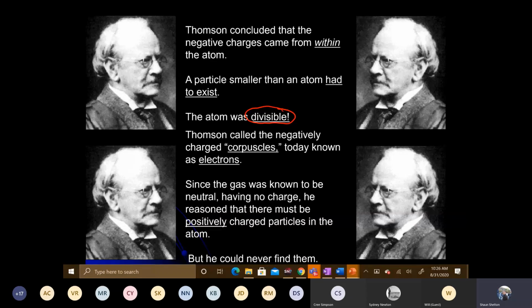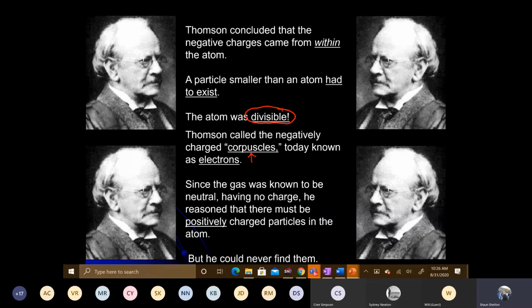This next thing here where it says corpuscles, that's a Jeopardy type word. We call them electrons now, but back then he called them corpuscles. Since the gas was known to be neutral, having no charge, he reasoned that there must be positively charged particles in the atom, but he could never find them, and that's because of the lack of technology.